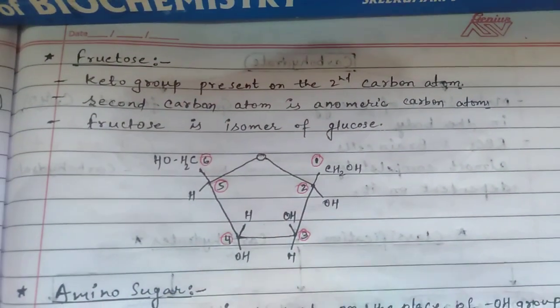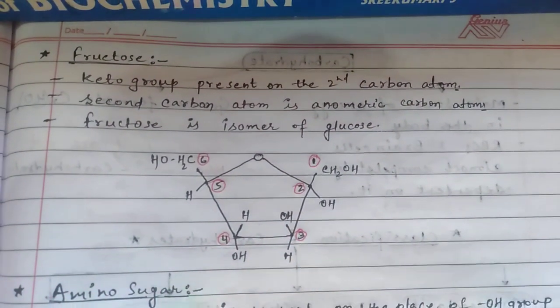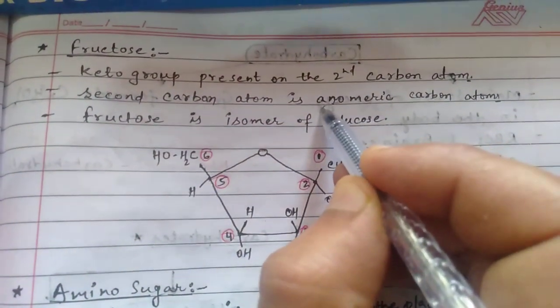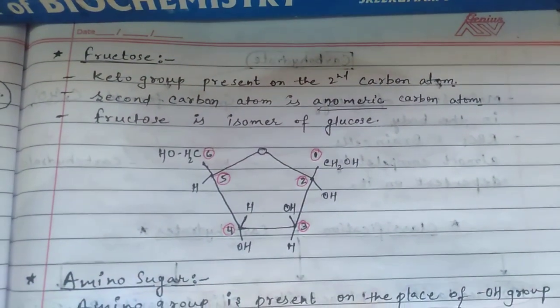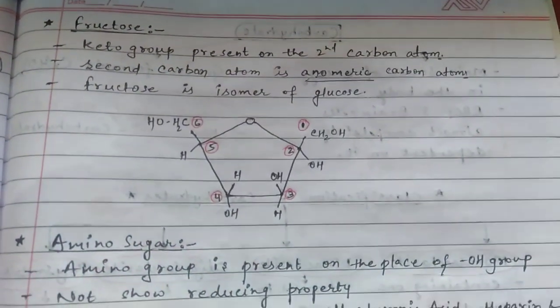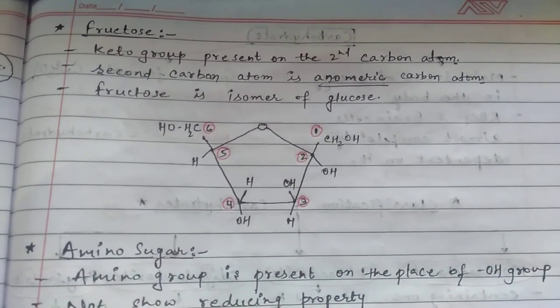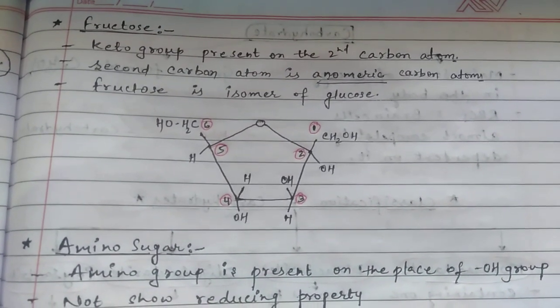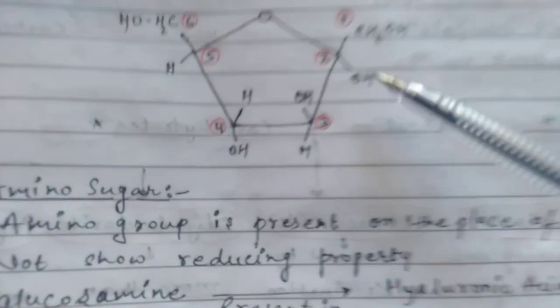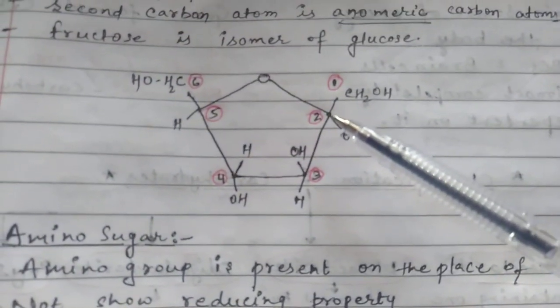Yes, and this second carbon is the anomeric carbon. Anomeric carbon means all four groups on this carbon are different. You can see here, this is carbon number two in the structure of fructose.